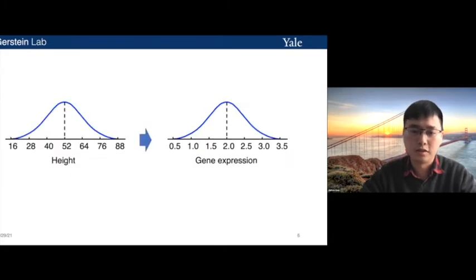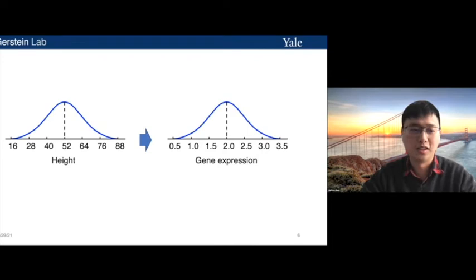One of them is RNA-seq, and we now have the gene expression level of all different genes. And interestingly, we know that this gene expression level, if you look in a population of individuals, has similar continuous values, or follows a distribution. So similarly, we could replace the height with this gene expression level.